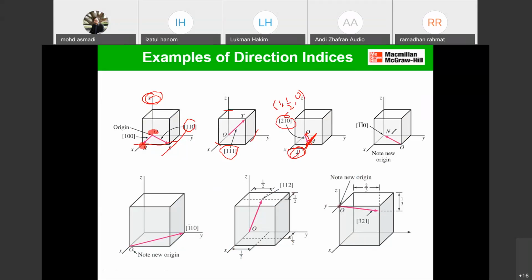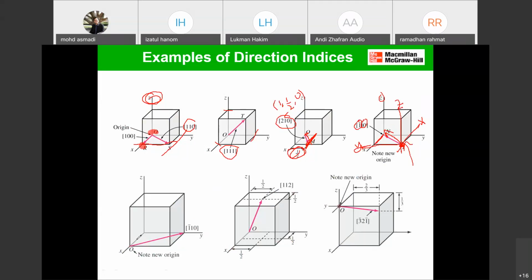If you look here, we have a new origin, so the direction of the arrow is opposite. Here it is negative for the x axis. If you define this one as the origin, this is y, this one is x, this one is z. If you define a new origin, the y-axis is going to be negative, the x-axis is negative, and 0 for z, because you define this one as the origin.